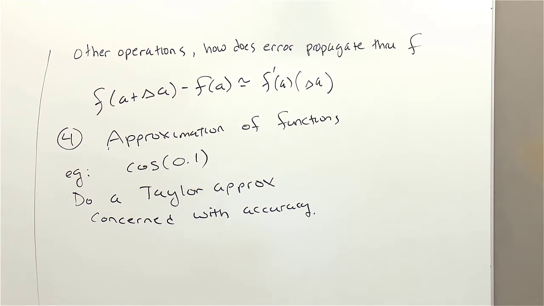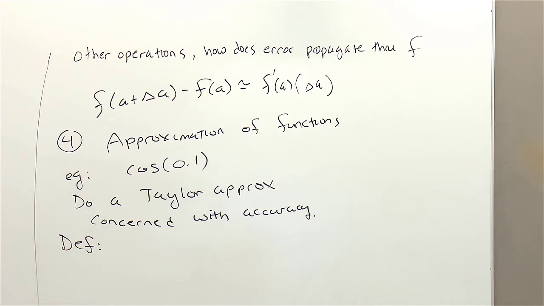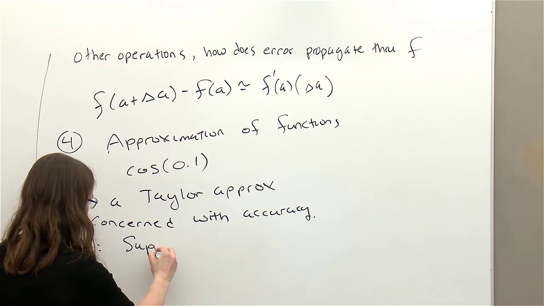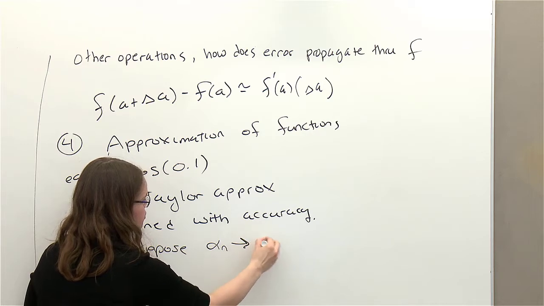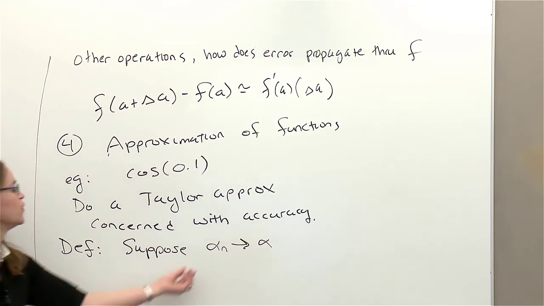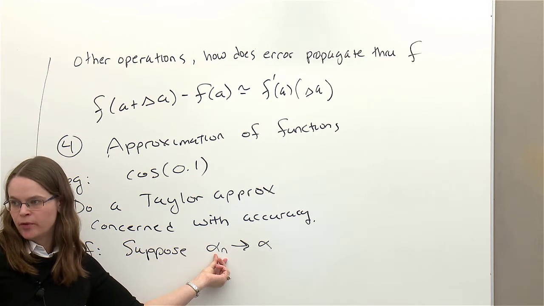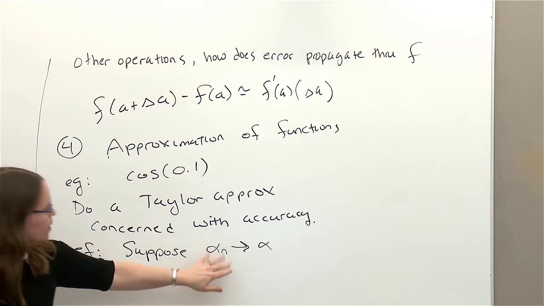Okay, so here's a formal definition of how we talk about accuracy and rates of convergence. Let's suppose that we have some sequence that converges to a number. For example, this might be the nth order Taylor approximation to cosine 0.1. So I use n terms in my Taylor series, plug in 0.1, see what I get.